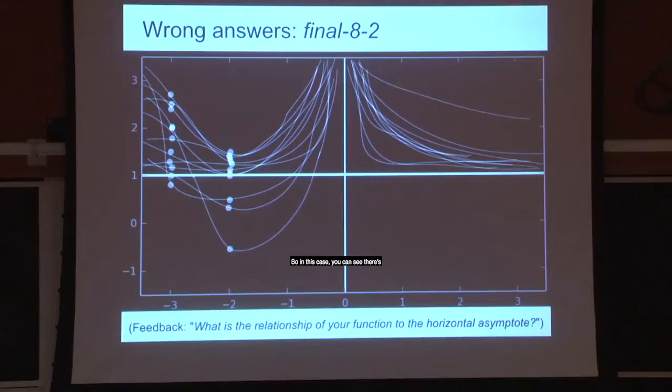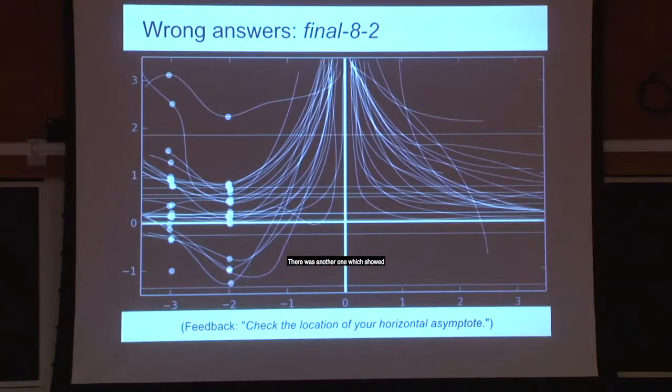You can see there's a clear conceptual error that students had over on the left-hand side of the graph, where all of these students continued their function above the asymptote instead of asymptoting from underneath, which is the correct response.